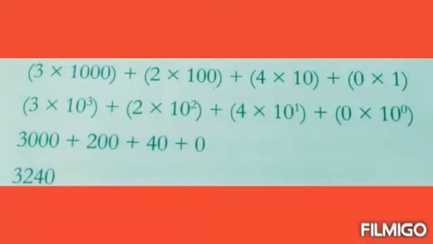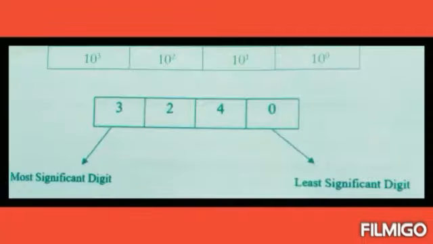The value of the number is found by multiplying the digit with the weight of its position and then adding the results. The rightmost digit of a number has the lowest weight, it is called the least significant digit, and the leftmost digit has the highest weight, it is called the most significant digit. In this number, 3 is the most significant digit and 0 is the least significant digit.